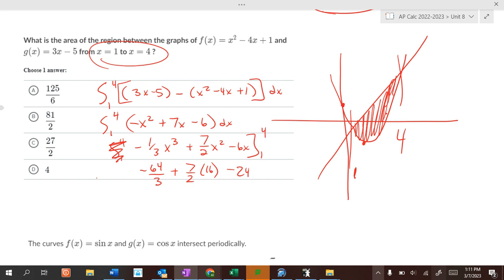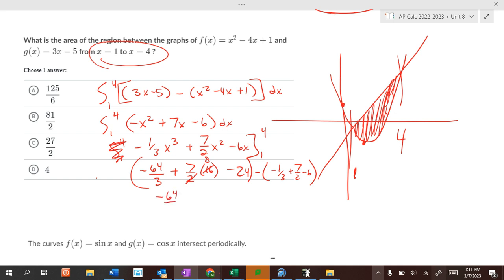Minus 24, minus negative 1/3 plus 7 halves minus 6. 7 halves of 16 is 56. 56 minus 24 is 32, right?